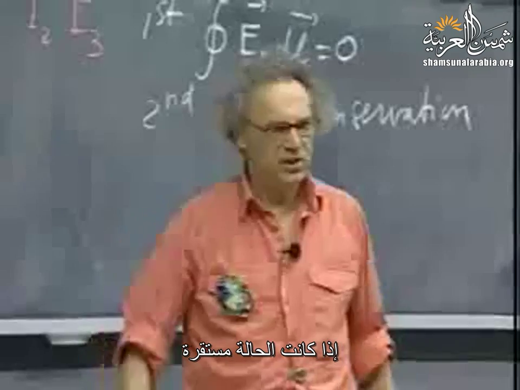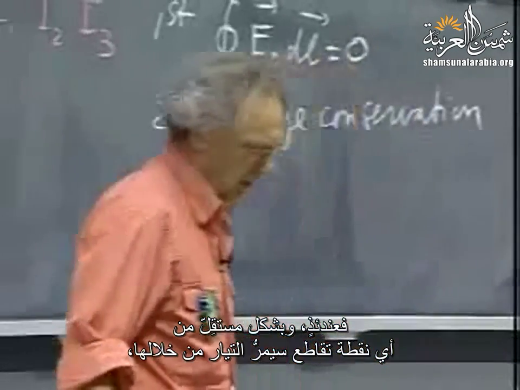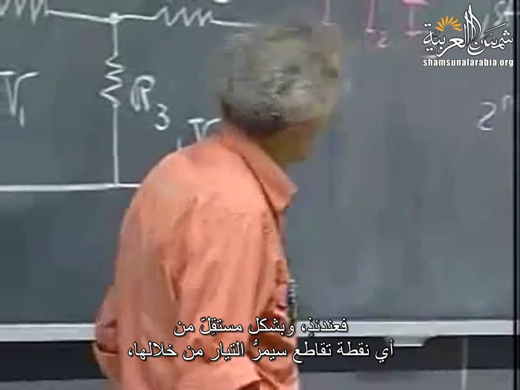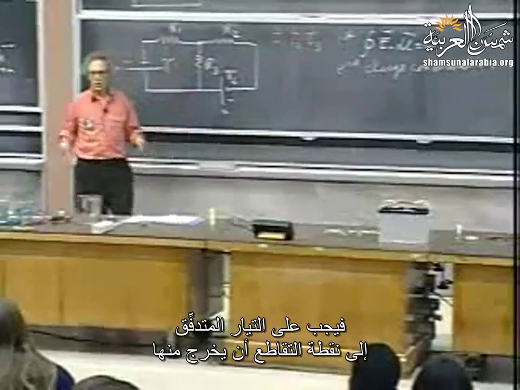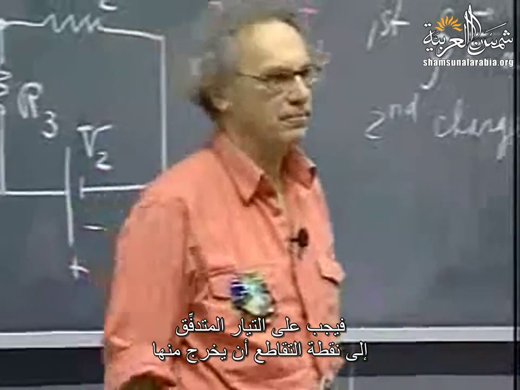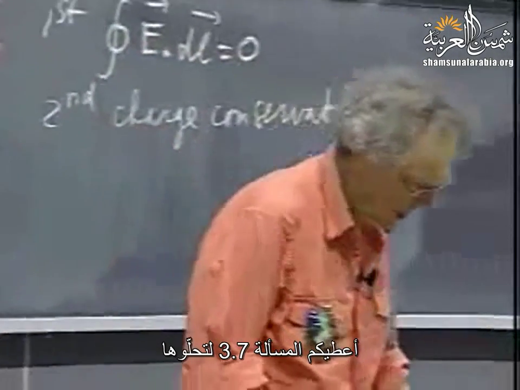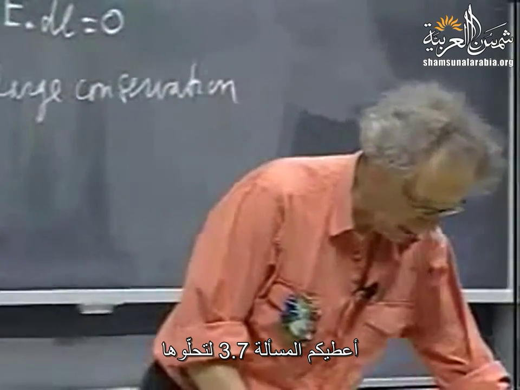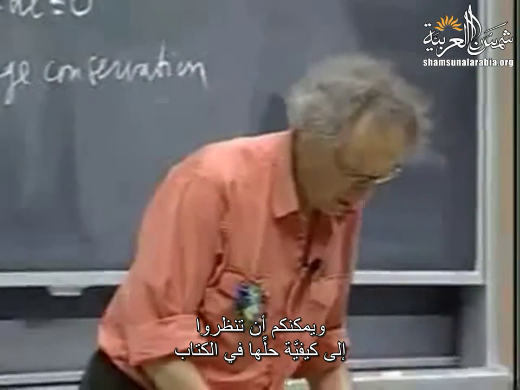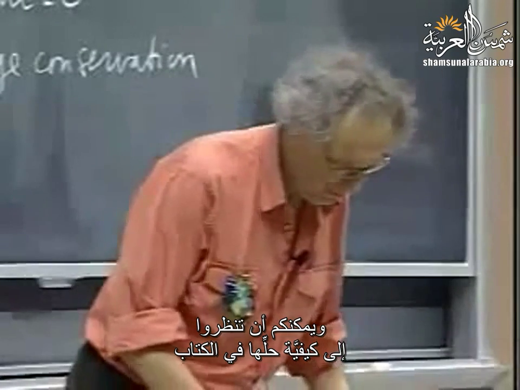If it is a steady state situation, then independent of which junction you go to, the current that flows in must flow out. You can't have a pile-up of charge. That's the second rule. And I gave you a problem, 3.7, to work out, and you can look in the book how that is done.